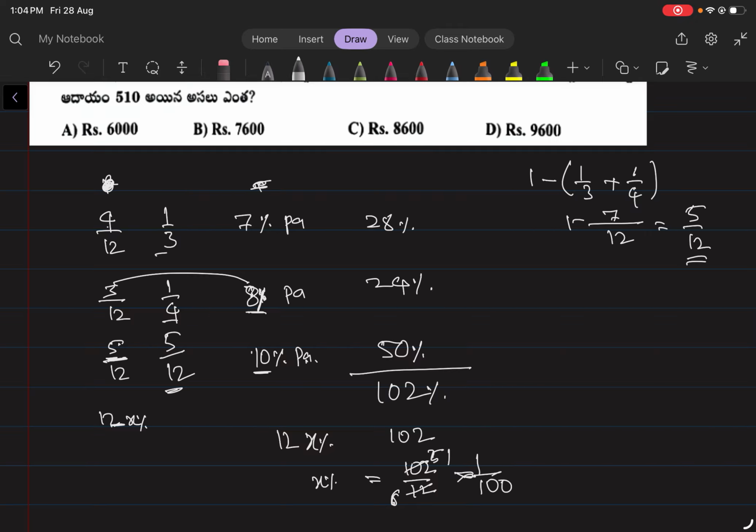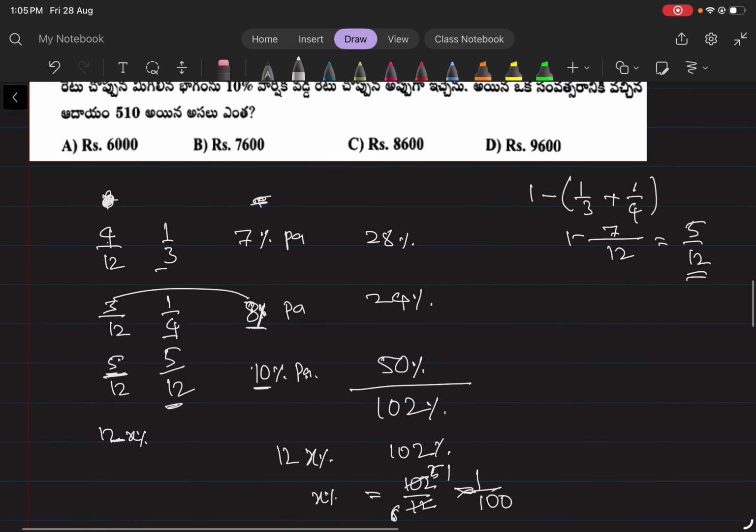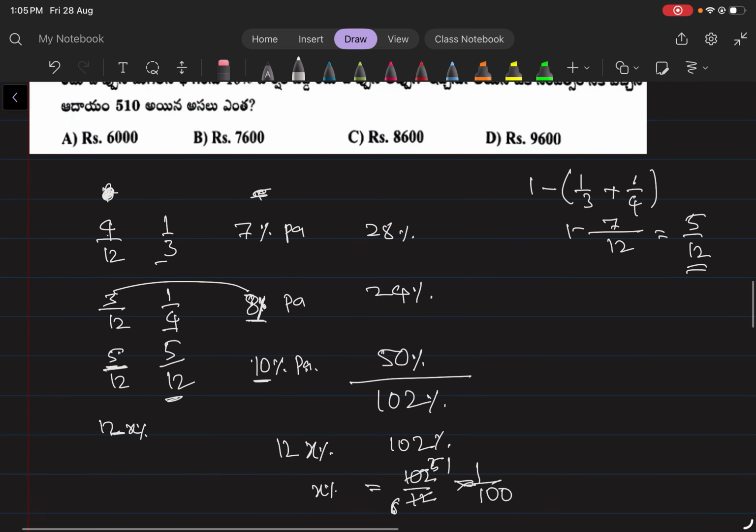Let's keep it like this. 12 parts is 102%. Now what do we want? What is the 100%?